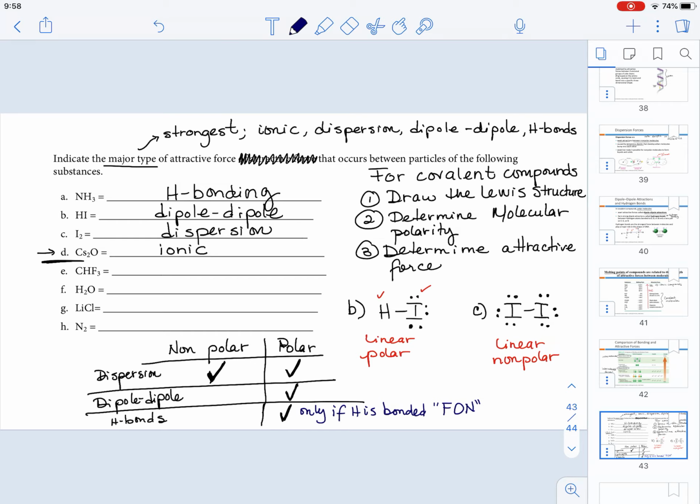So, if I ask you, for example, for letter B, what are all the forces present? Your answer is going to be dispersion and dipole-dipole, because those are all the forces.